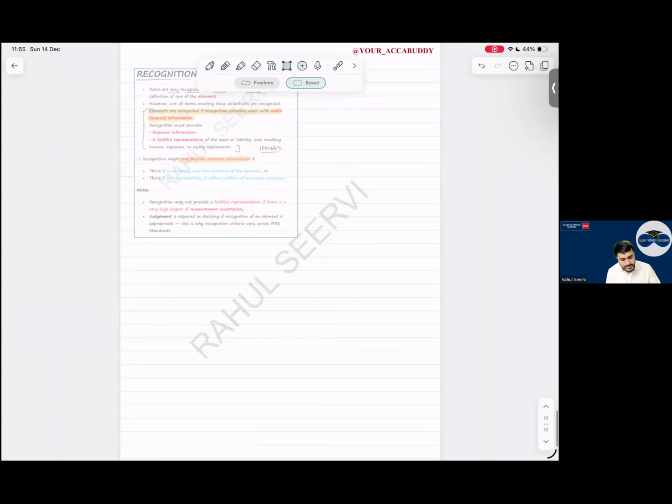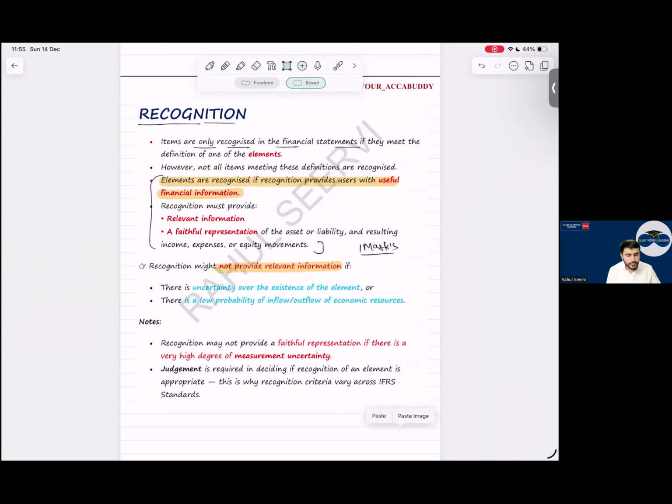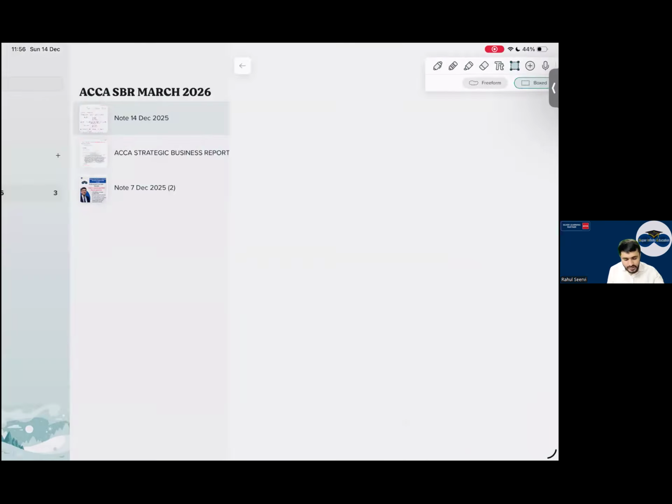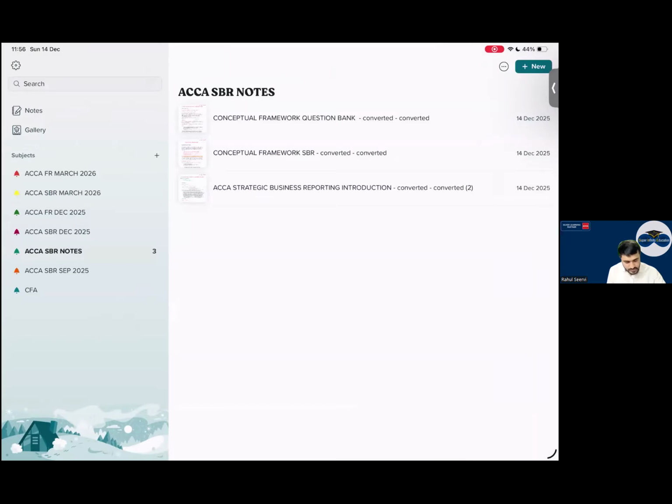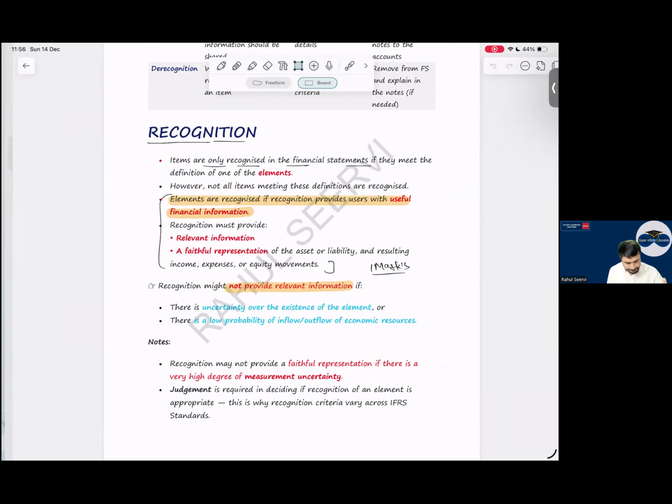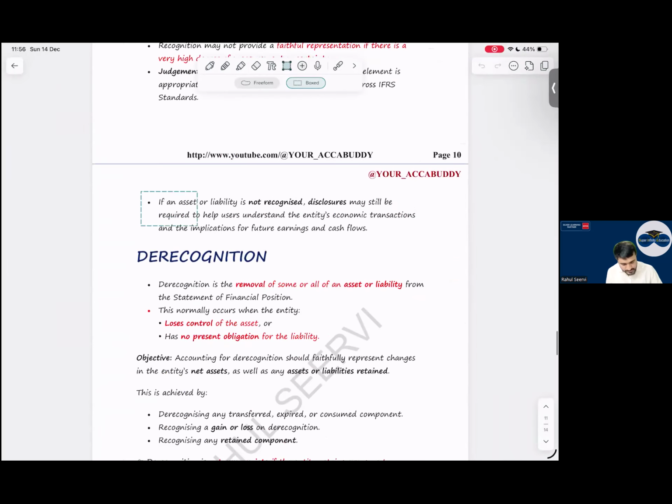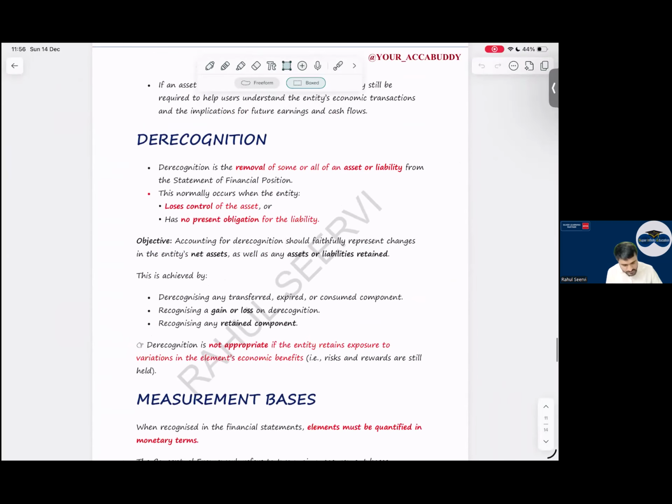Information should be recognized when it provides useful information. This carries technical marks. Useful information means relevant and faithful representation. If high uncertainty is there, it will not provide useful information. We need not recognize the asset. If we do not recognize, what should we do? We should provide the disclosure.